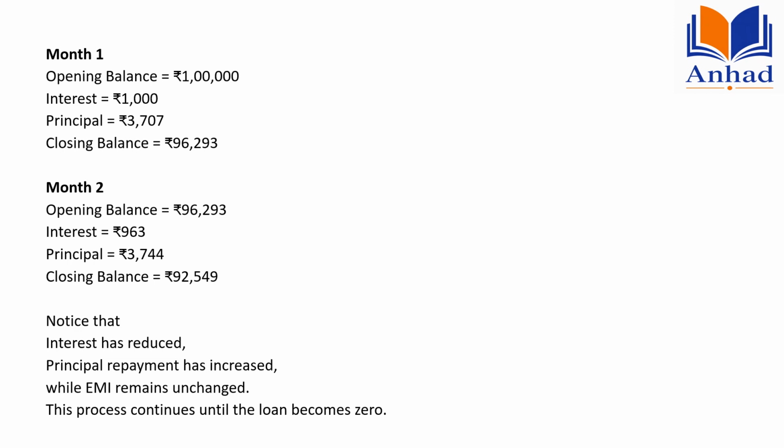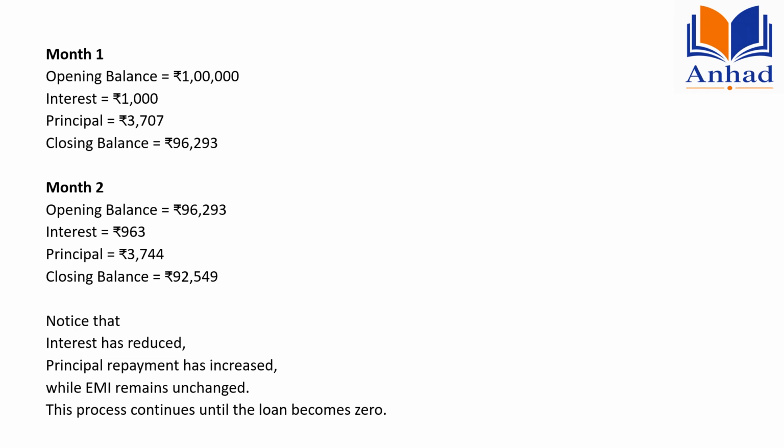Interest is equal to 963 rupees. Principal is equal to 3,744 rupees. Closing balance is equal to 92,549 rupees. Notice that interest has reduced. Principal repayment has increased, while EMI remains unchanged. This process continues until the loan becomes zero.